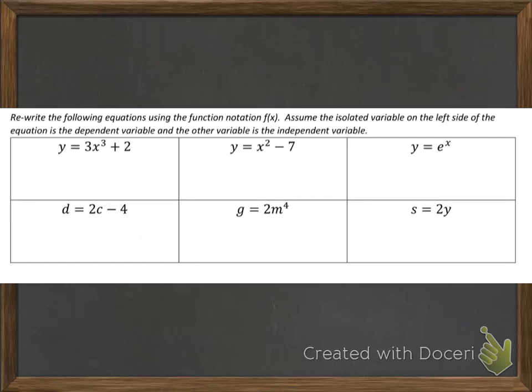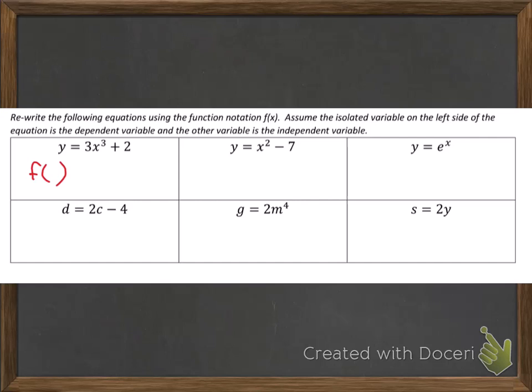Let's complete this activity to get a better grasp on function notation. The directions ask us to rewrite the following equations using the function notation f of x. Assume the isolated variable on the left side of the equation is the dependent variable, and the other variable is the independent variable. So first we have y equals 3x cubed plus 2. So we're going to assume that y is our dependent variable, and we're going to replace this with f of something.